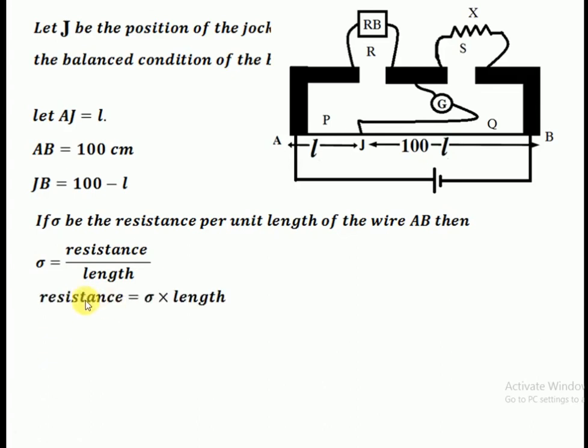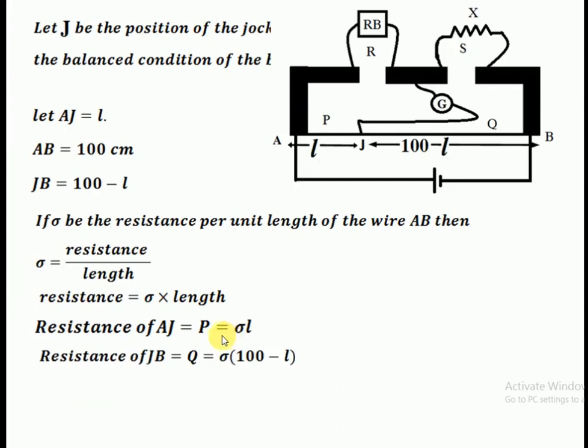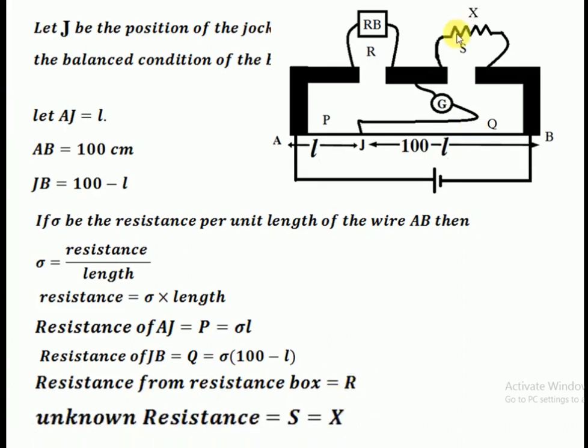For resistance, the resistance of the length AJ, which I denote by P, is sigma L, and the resistance of JB is length into sigma, so that is sigma into 100 minus L, which is Q. The resistance from the resistance box we denote by R, and the unknown resistance, which is S, we denote by X.